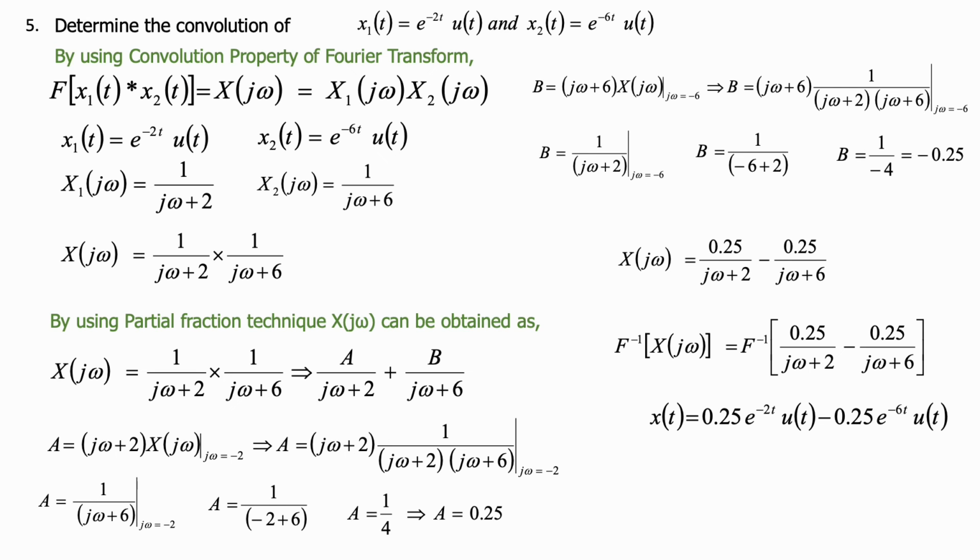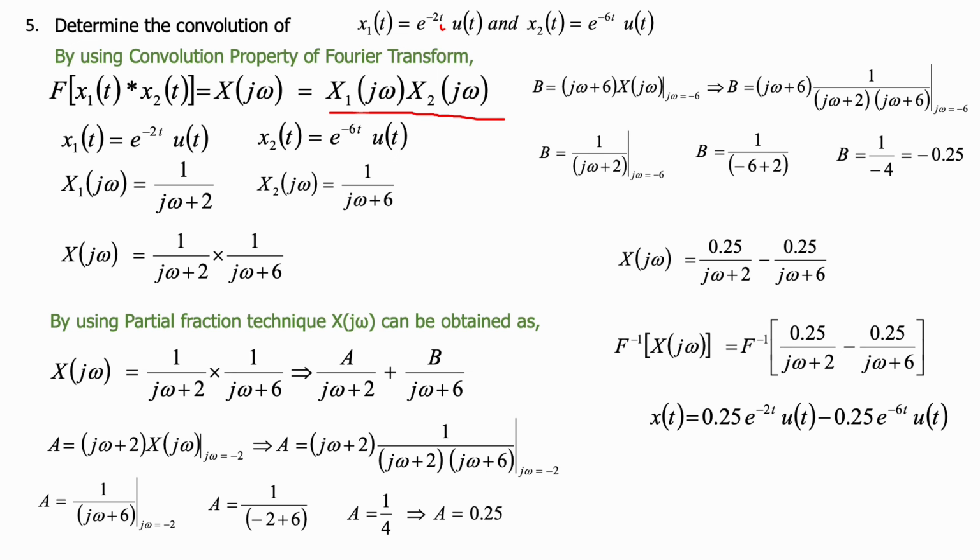Now we can see how to determine the convolution of x1 of t equal to e power minus 2t u of t and x2 of t equal to e power minus 6t u of t. We have to solve this by applying the convolution property, which says that x1 of t convolved with x2 of t is equal to the product of their transforms x1 of j omega and x2 of j omega.